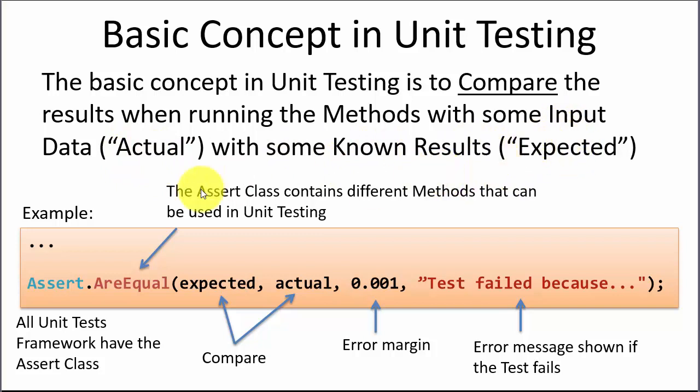Every unit test framework has this method we call assert, and this AreEqual method, which we use to compare the expected value with the actual value, and if they are not equal, the unit test will not pass, and it will show an error message, which you can write here in this case.